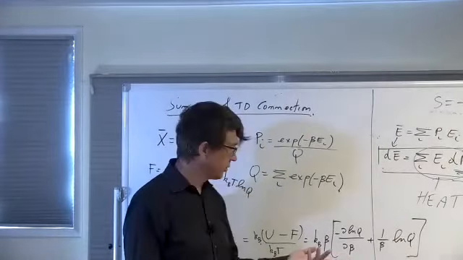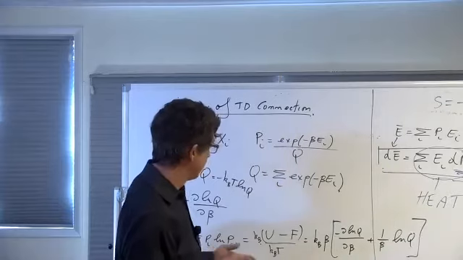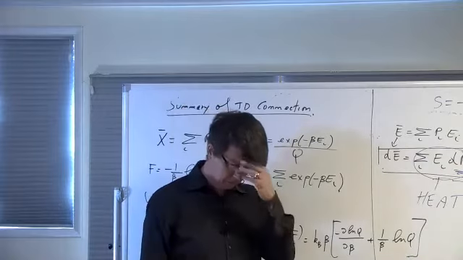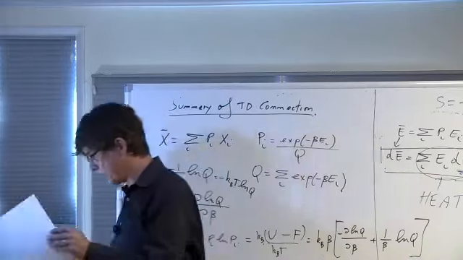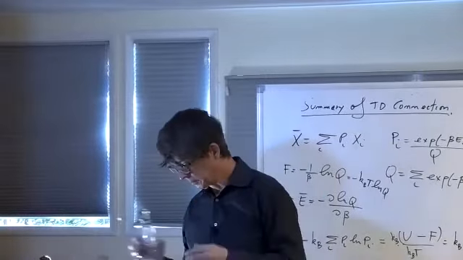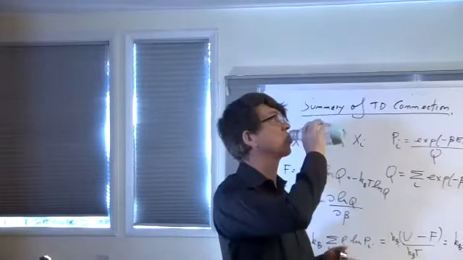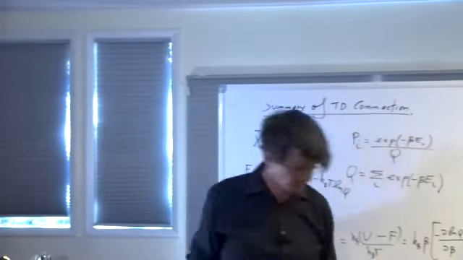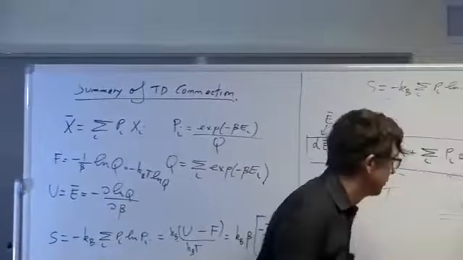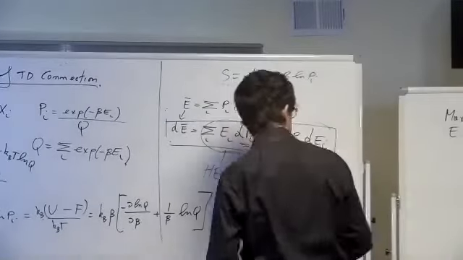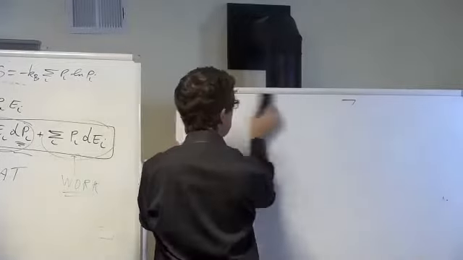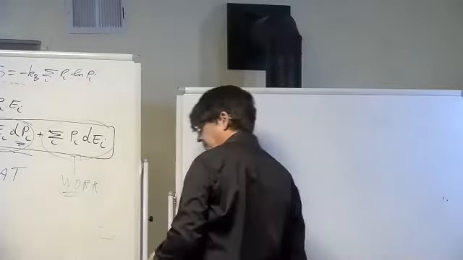It's really just writing the entropy as U minus the free energy divided by T. Feel free to tell me if I need to go back to some board for you to catch what's on it.